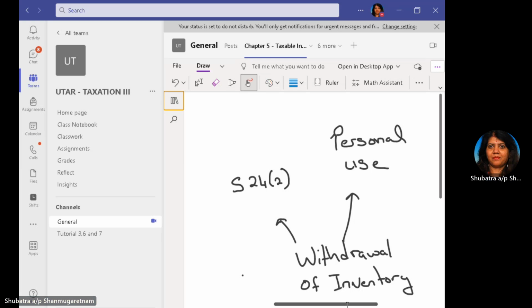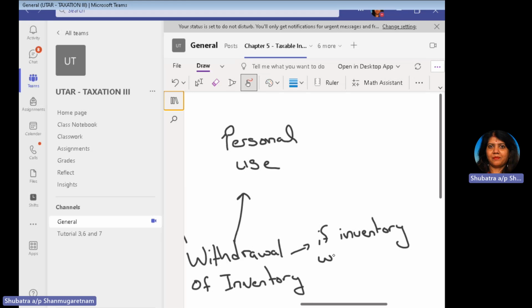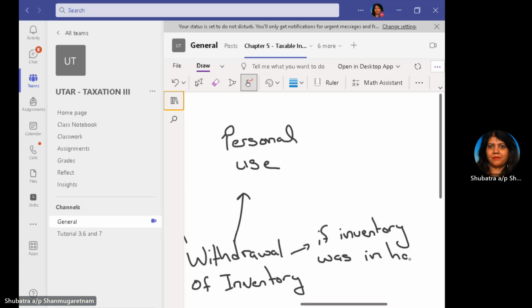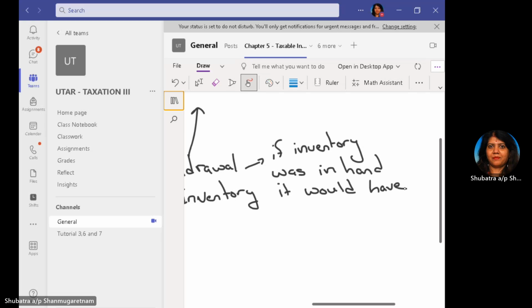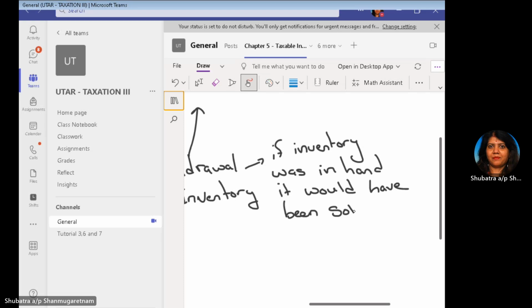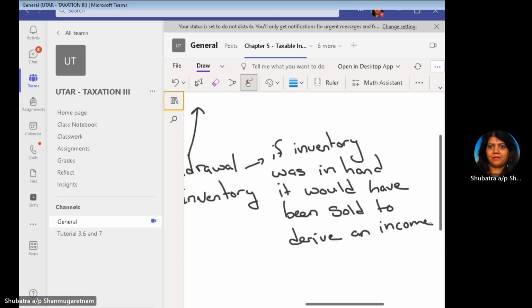Now, Inland Revenue says that I know you took the inventory for yourself, but if the inventory was in hand, you would have sold this inventory and got an income.